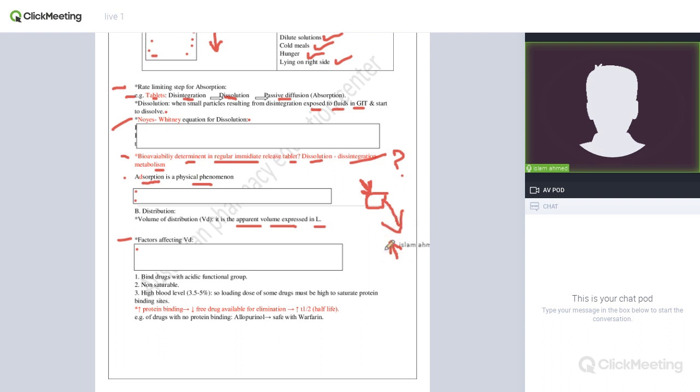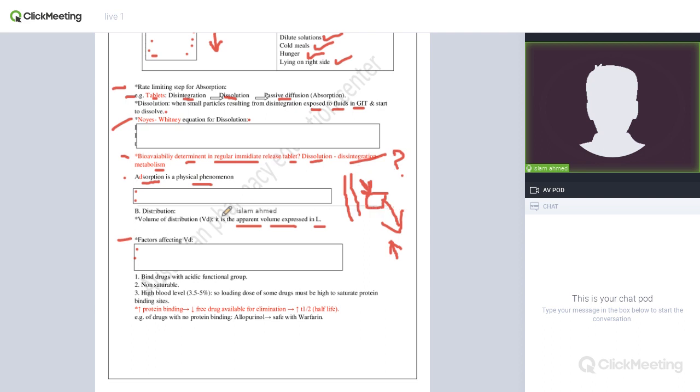However, medications that have the property of protein binding will have less volume of distribution because they will be mainly in the plasma and the blood only.